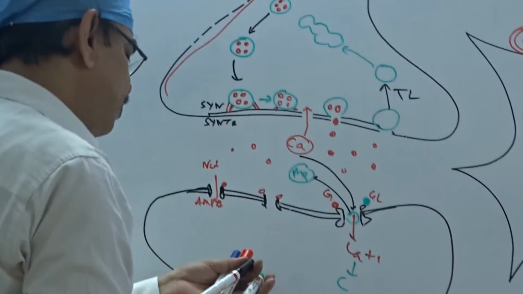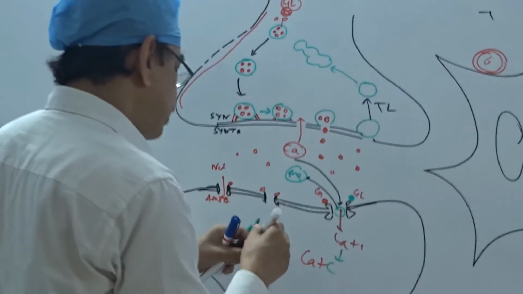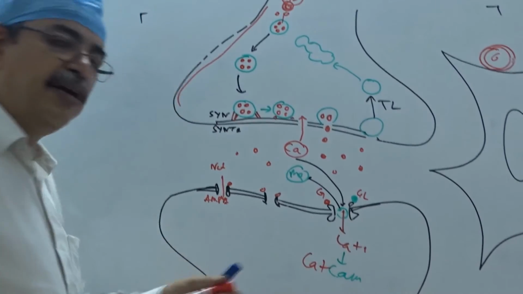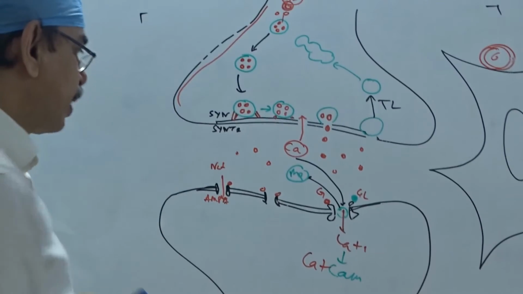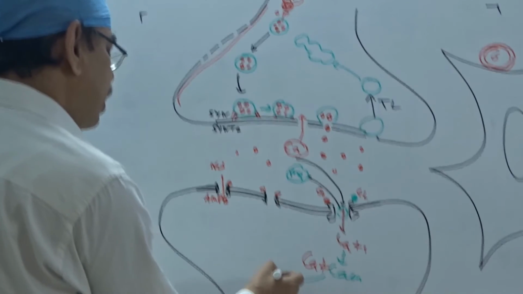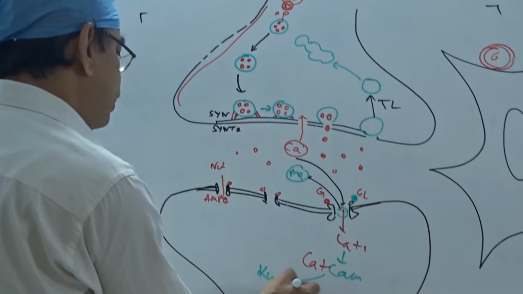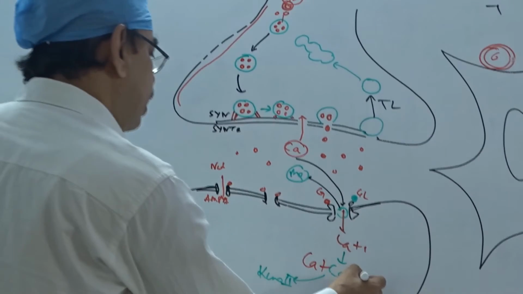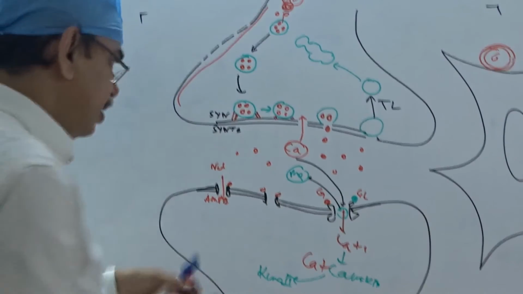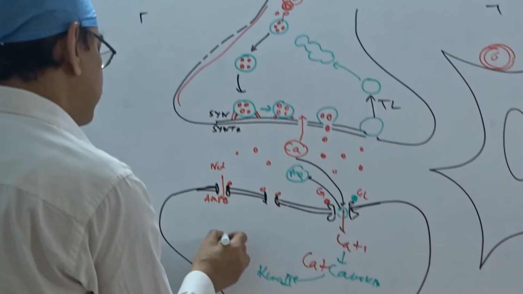So calcium and calmodulin, Ca plus CaM, form a compound, and this calcium calmodulin is now attached with kinase 2, that is calcium calmodulin kinase 2. What does this complex do? There are also vesicles in here.